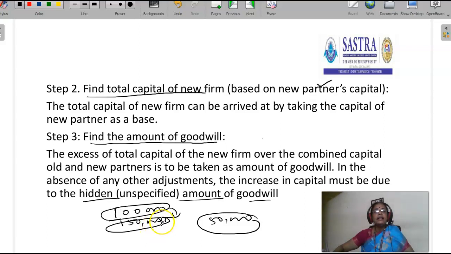So we are comparing the combined capital of old partners as well as new partners with the total capital of the new firm. The excess amount is nothing but goodwill. This is called hidden goodwill because it is not directly given in the problem.